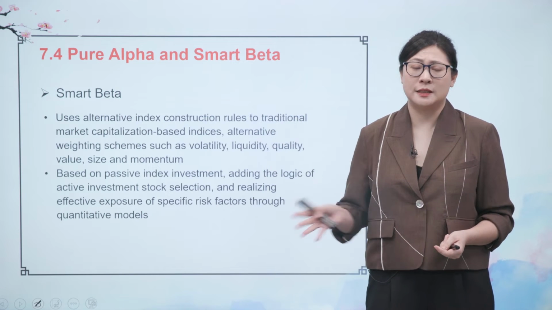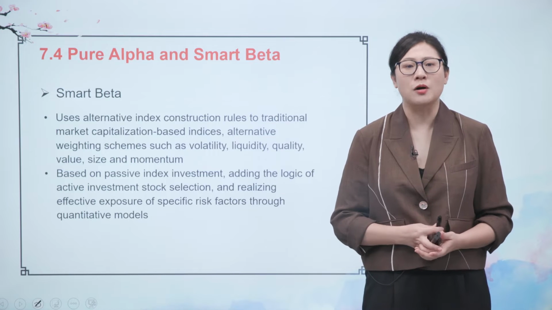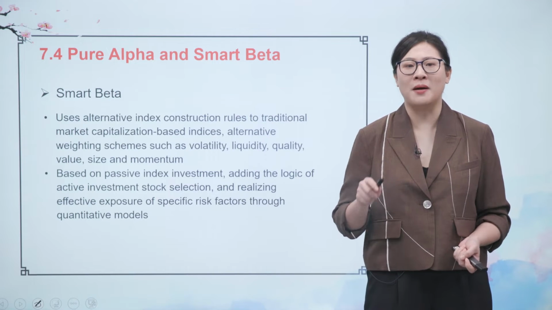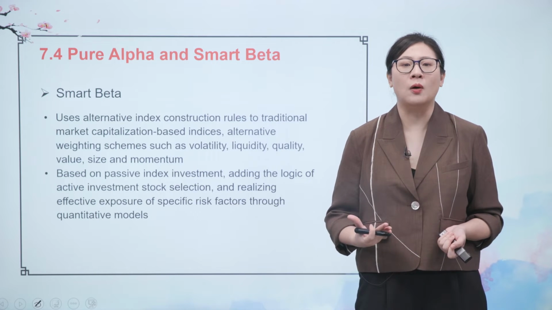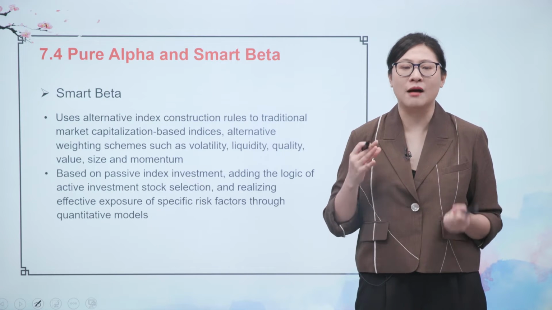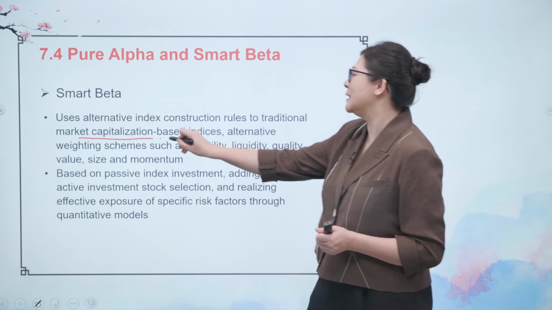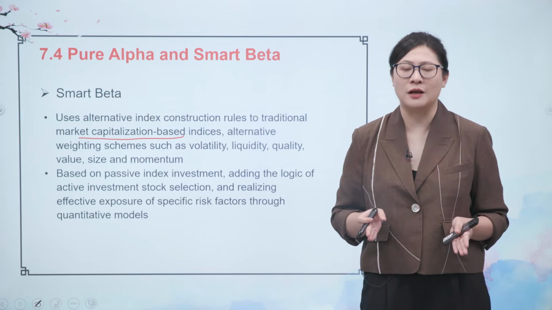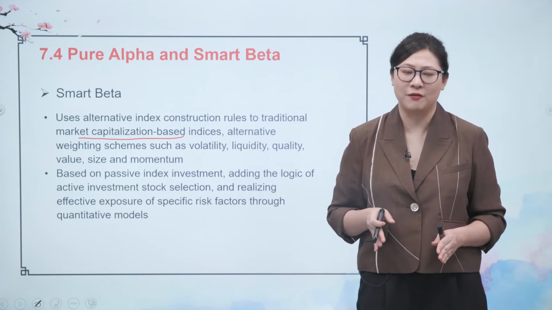So what is smart beta? Smart beta strategy usually uses an alternative index construction rule to the traditional market capitalization-based index. The traditional index is constructed using market capitalization as the weight for each individual stock in the portfolio.